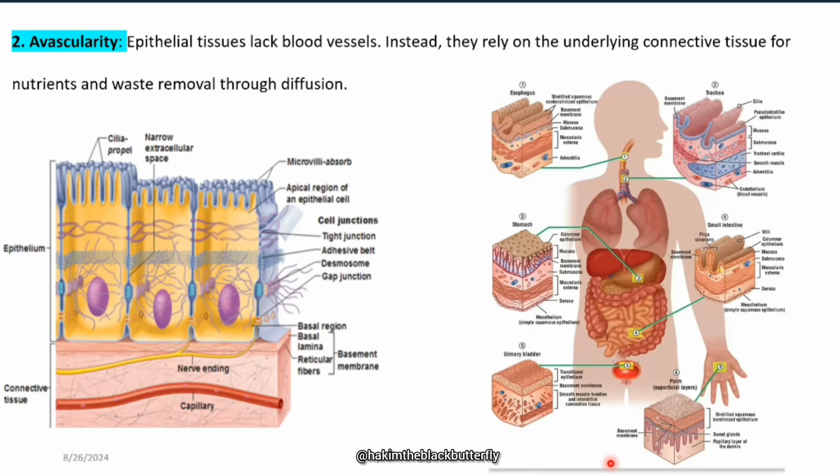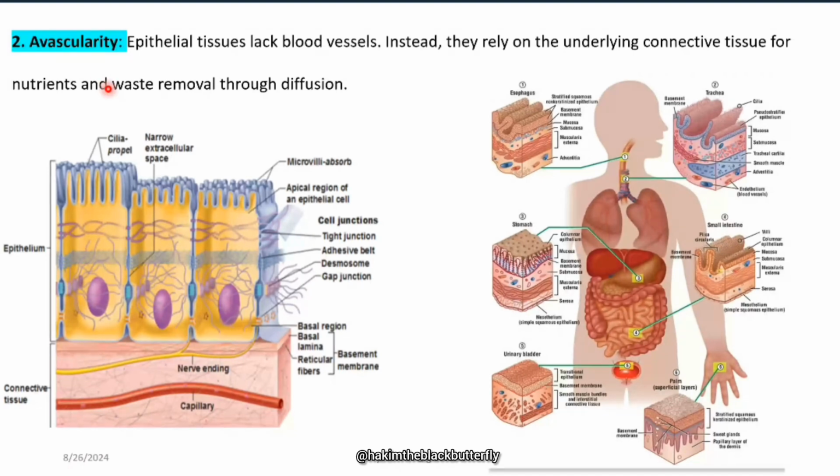We continuously lose skin cells from the skin, but we don't bleed. Okay, we are continuously taking raw food particles in our alimentary canal, and the cells lining the canal continuously wear off and rebuild, but there is no bleeding in the process because these tissues don't have blood vessels. So lacking blood vessels can be of an advantage in that way.